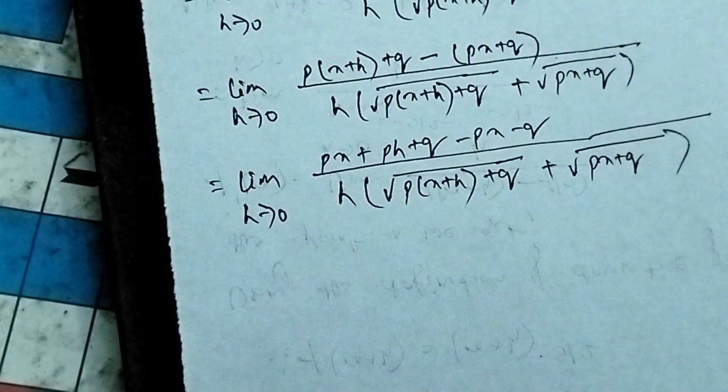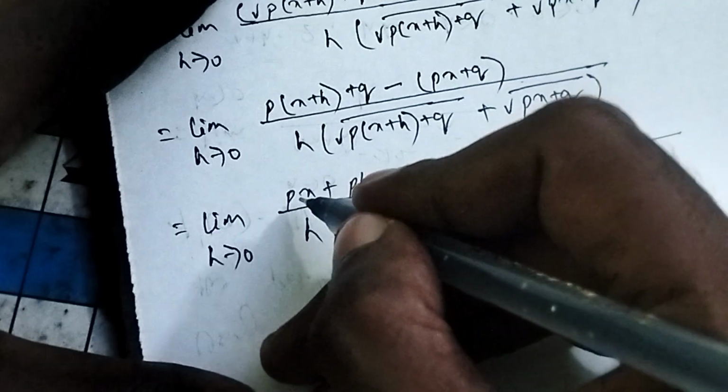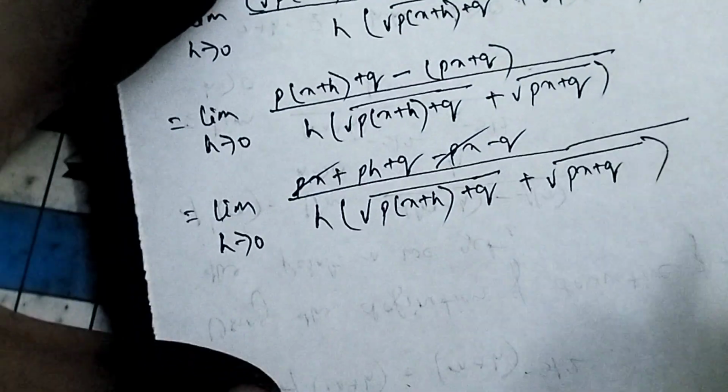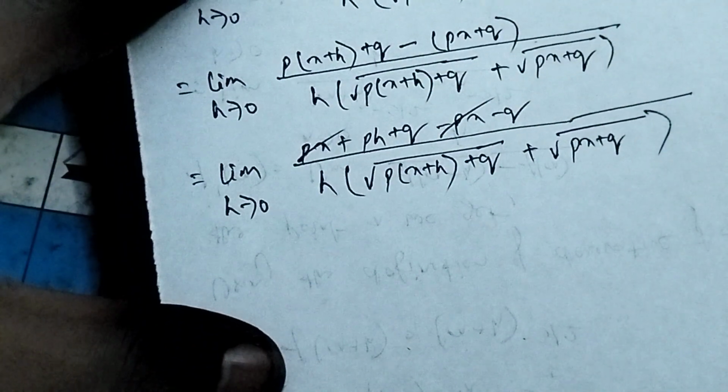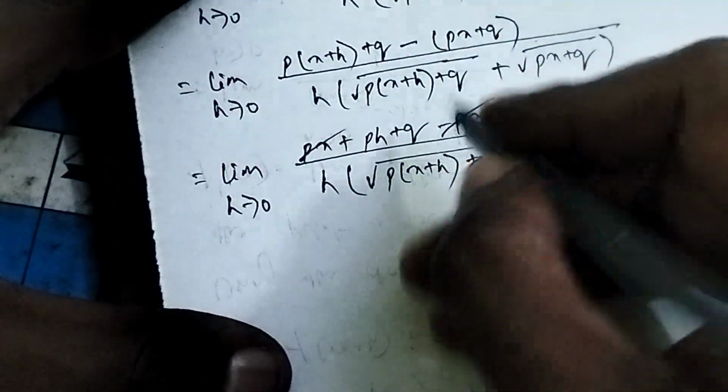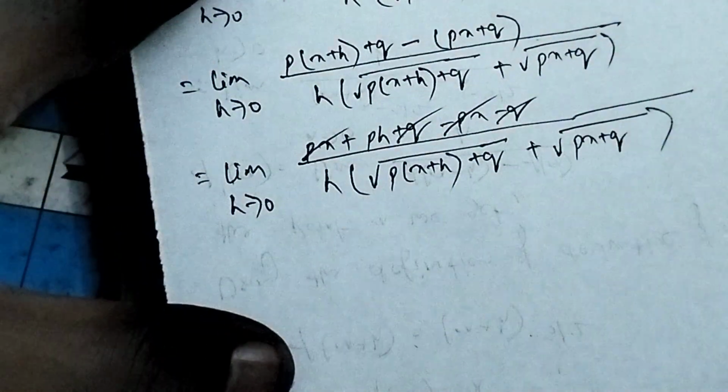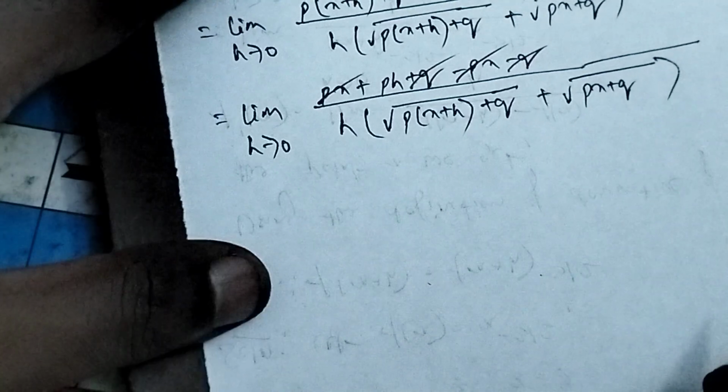Okay, so plus px minus px is going to cancel each other, then plus q minus q will also cancel each other. So what will remain?